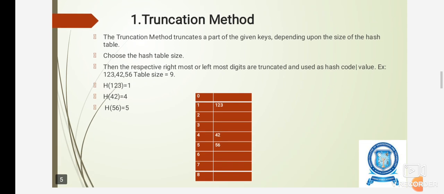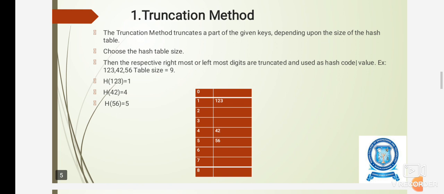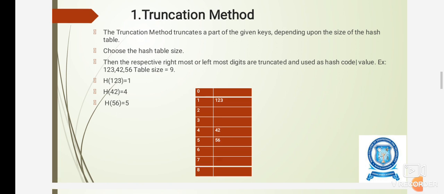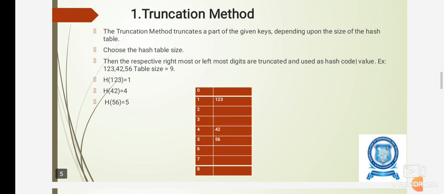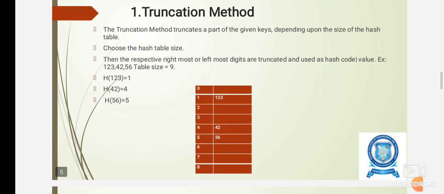First one is the truncation method. This method truncates a part of the given keys depending upon the size of the hash table. Consider the hash table size is 9. Then the rightmost or leftmost digit is truncated and used as the hash code or value. Here the example is 123, 42, 56.